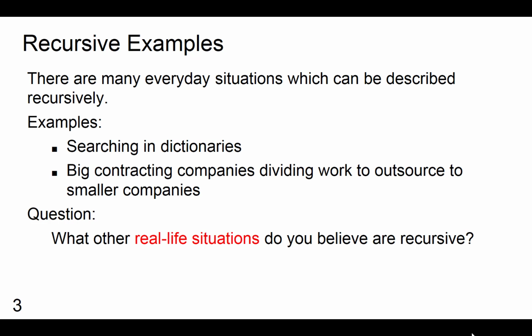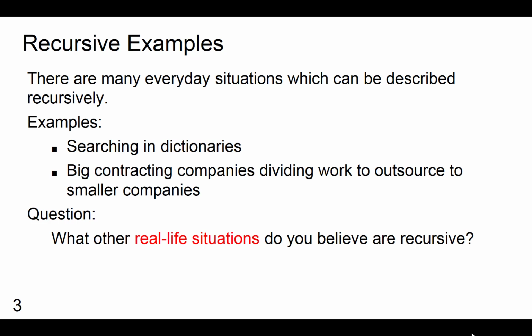There are a lot of similar examples in our real life. For example, searching for the meaning of a word in a dictionary. We can divide a dictionary into two halves and try to find whether the middle page contains the word or not. If not, either go to the first half and follow the same way, or go to the second half to search for the meaning of the word.